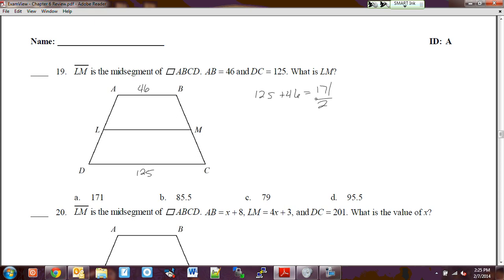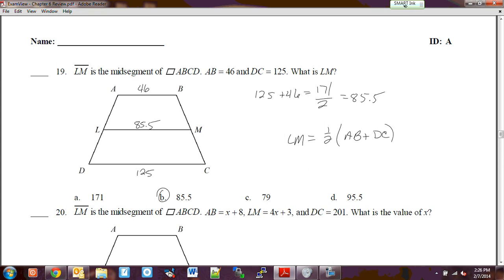Divide that by 2, and you get 85.5. So 19, LM is 85.5. 19 is letter B. All right, because remember the mid-segment, LM equals 1/2 of AB plus DC.